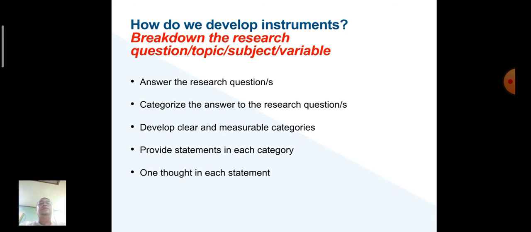You will now be doing a lot of categorization and questions under those categories. So when you ask a research question, it brings you a lot of things. By asking questions, you tend to make categories, and develop statements under those categories to become your instrument.